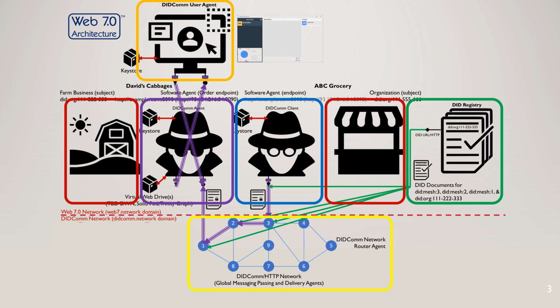If you want to learn more about personification, you should read the Web 7.0 DIDComm-ARM white paper. You can find that at the top of the hyperonomy.com blog. That's hyperonomy, just like it sounds. So let's take this as our starting point. This is the DIDComm architecture reference model that we want to decompose.